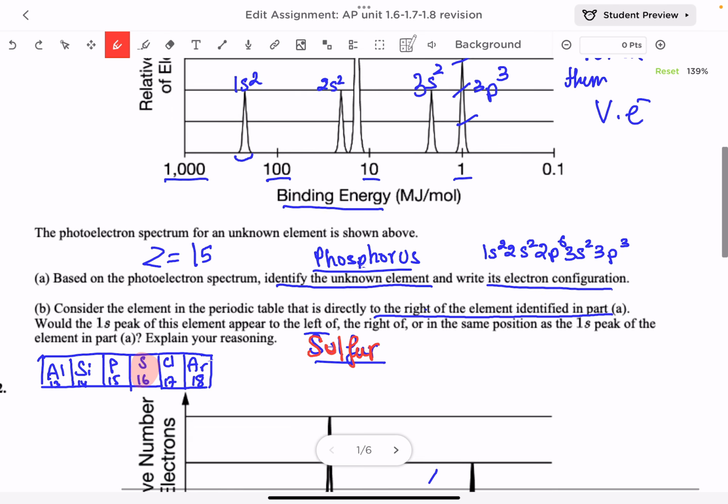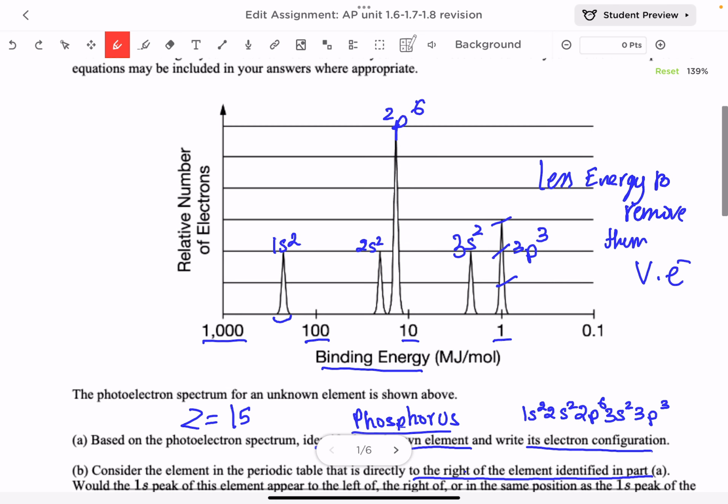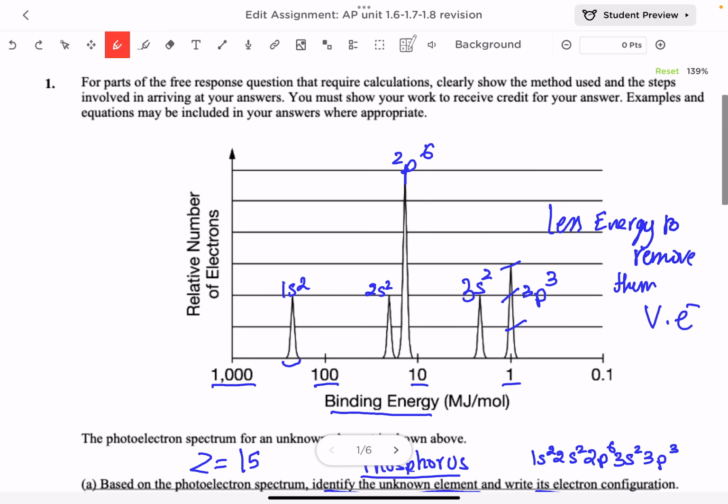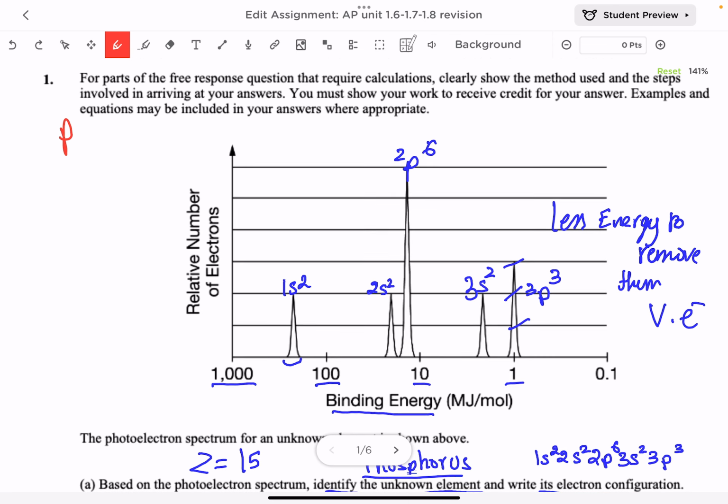Now, let's look at the effective nuclear charge. Compare the effective nuclear charge or the attractive pull of sulfur and phosphorus. Phosphorus has 15 protons in its nucleus, whereas sulfur has 16 protons attracting the valence electrons.